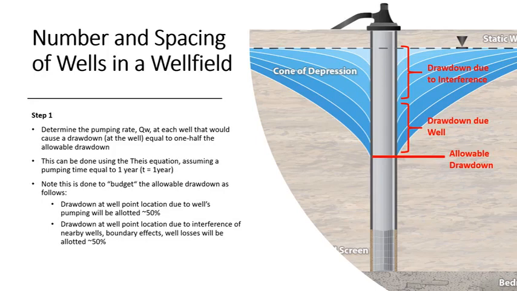So if this is the allowable drawdown, half of it will be the allowable. This will be broken down into two components. One half of it is due to the interference of other wells and other losses and boundary effects. And the other half is allotted for the drawdown due to the well itself.